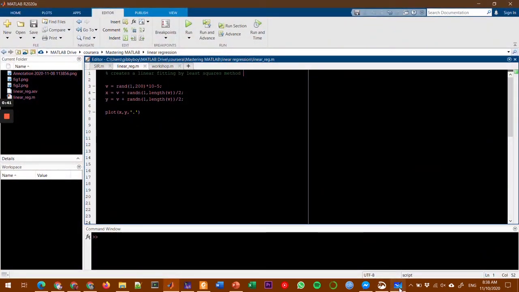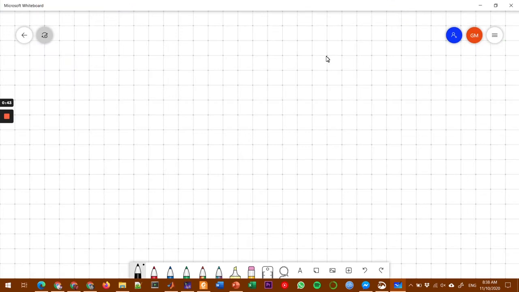Let's discuss the basics of curve fitting. So generally, it's curve fitting by least square.